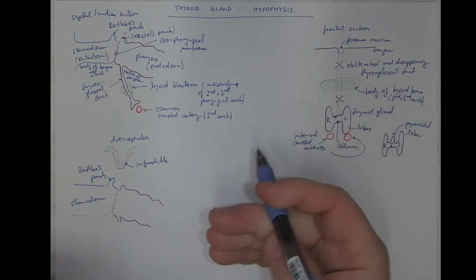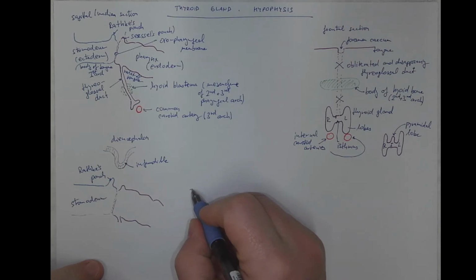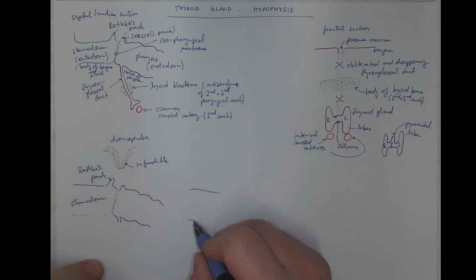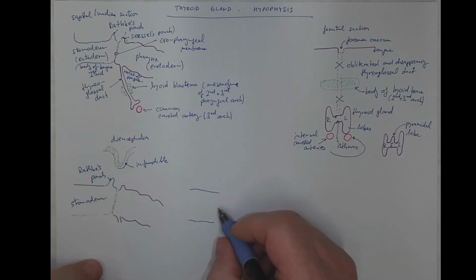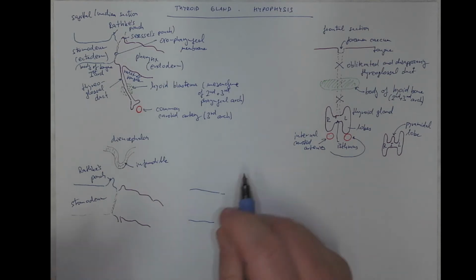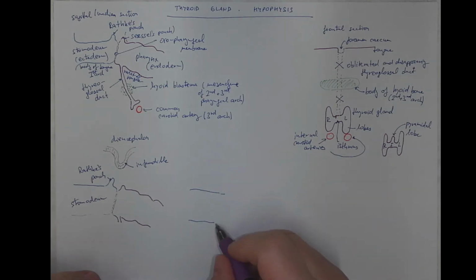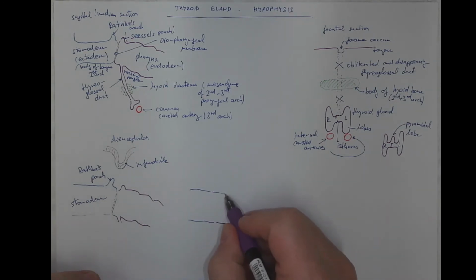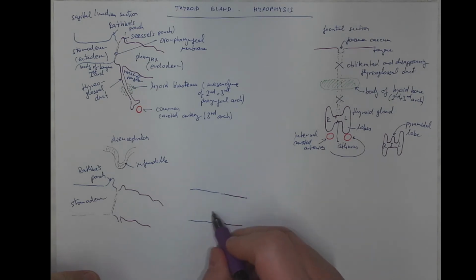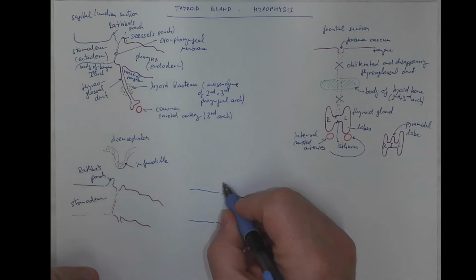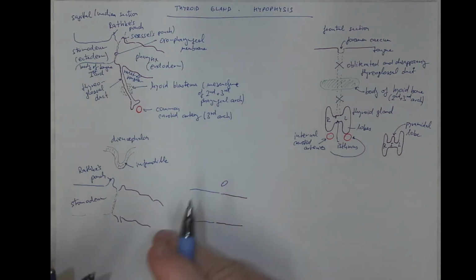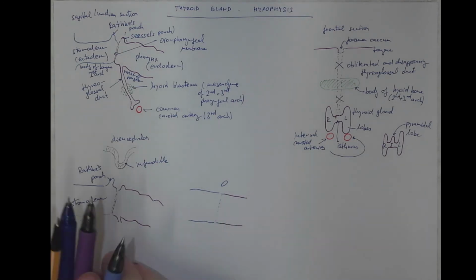And in the next step, the oropharyngeal membrane breaks down. So there is a continuity between the mouth cavity and the pharynx. The Rathke's pouch forms a Rathke's vesicle. So here's the membrane that breaks down.